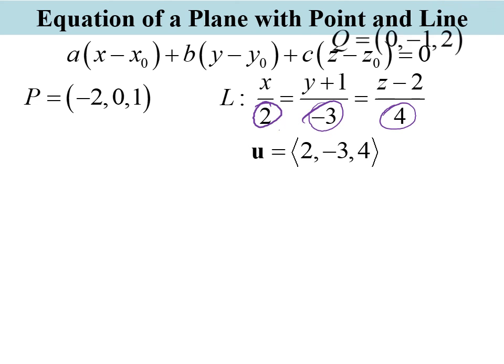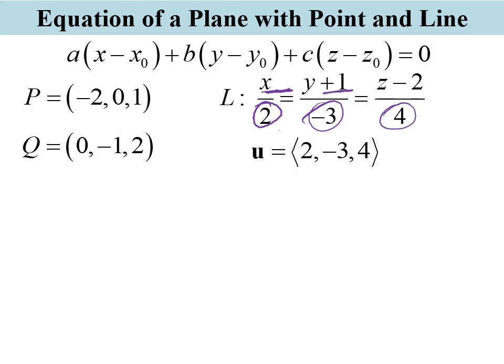Then we're going to take another point on that line, which we can see from here is a 0, -1, and then positive 2. Then we will find the vector from that point to the point P, or in this case, vice versa. We'll do PQ.